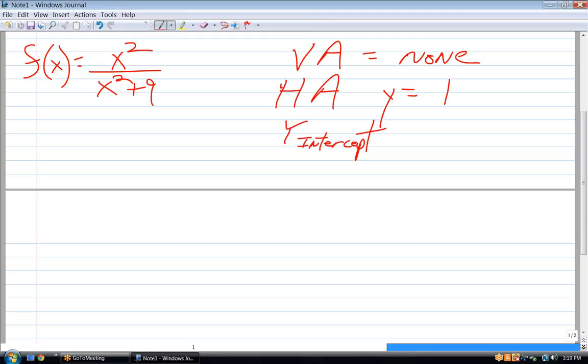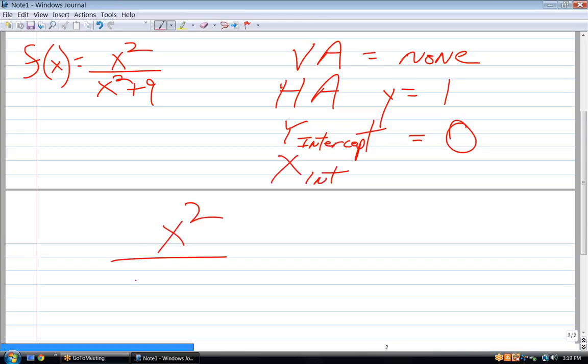Okay, so what is the y-intercept for this? It's just 0, because if you plug in 0 for x. The harder one is the x-intercept. To solve that, we need to make y equal to 0, because that's the definition of x-intercept, it's where y is equal to 0.